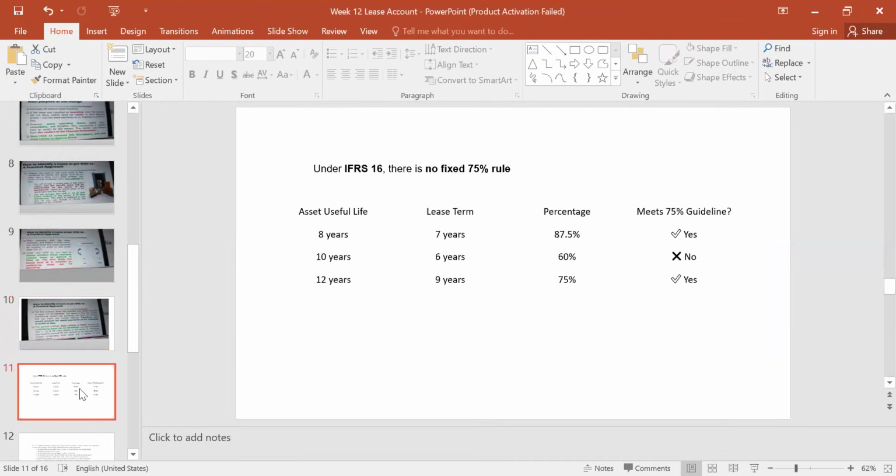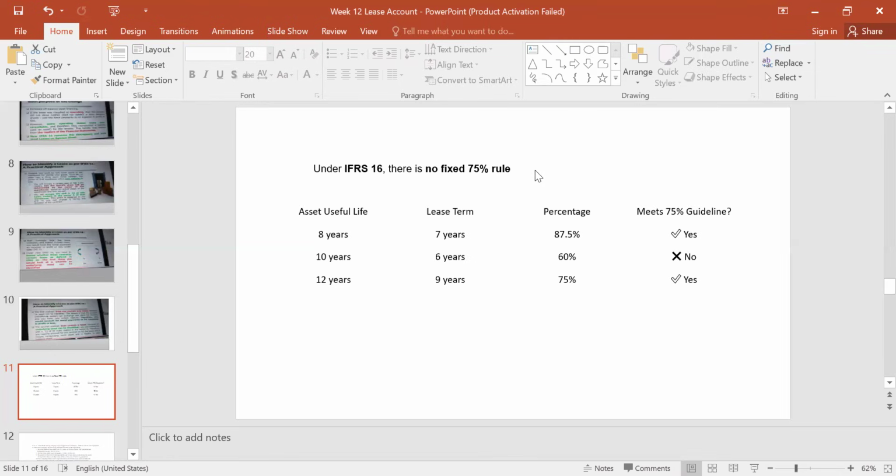This is another important thing to complete the lease agreement. It is clearly mentioned that under IFRS 16 there is a 75% rule. 75% or more than 75% you have to hold or continue the lease agreement, not less than 75%. 75% is the threshold.